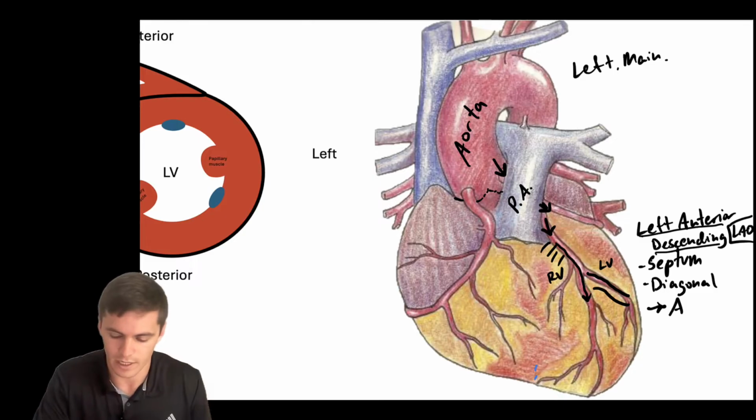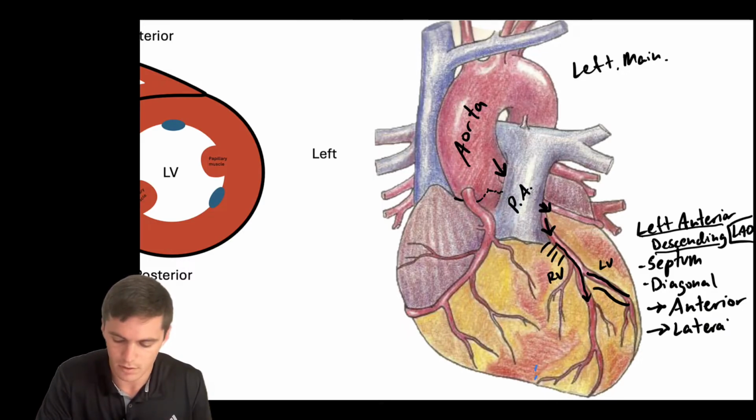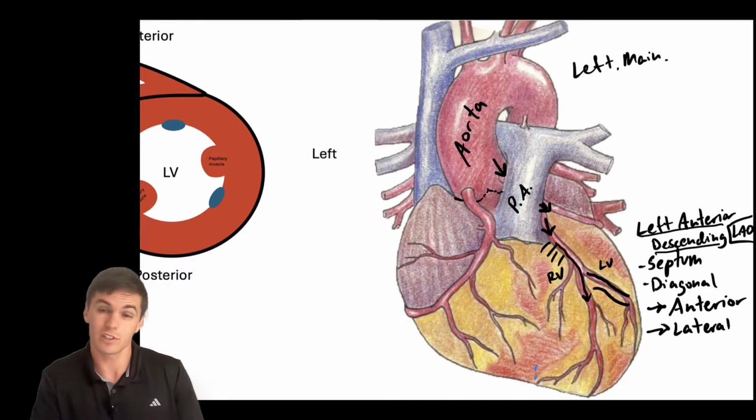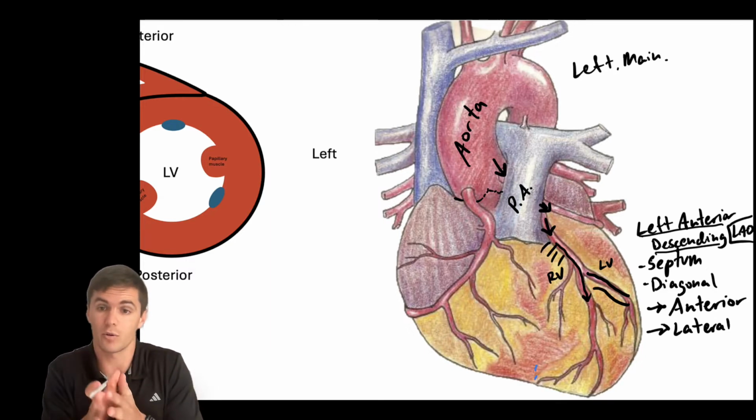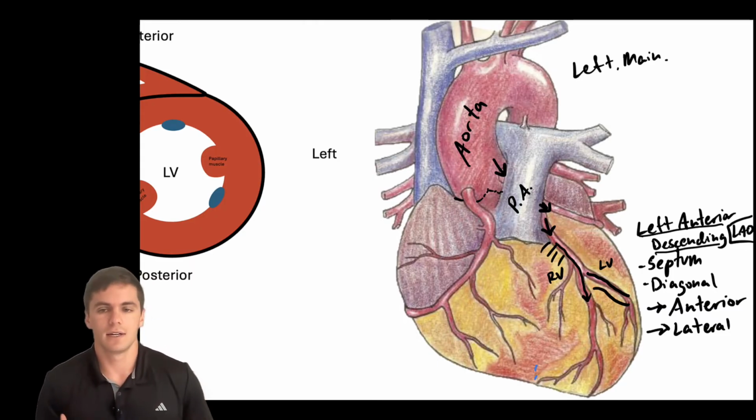Well, we get the anterior and lateral left ventricle, right? Mostly the left ventricle because it's going in between that groove and they're all branching to the left. So LAD is the anterior and lateral myocardium.